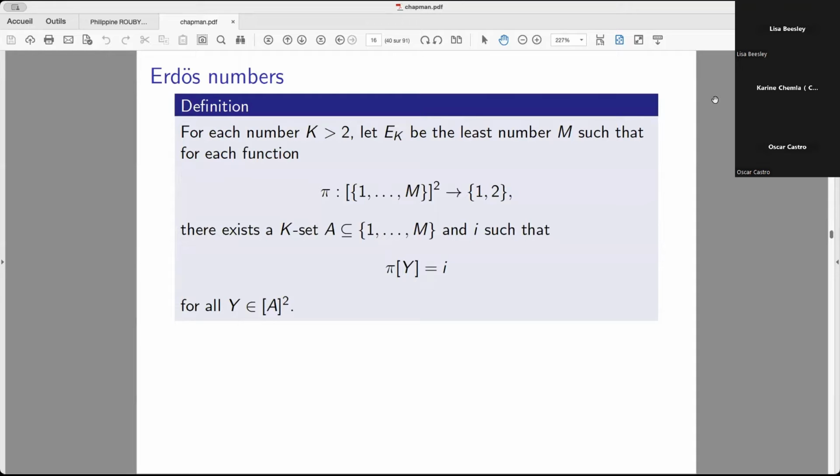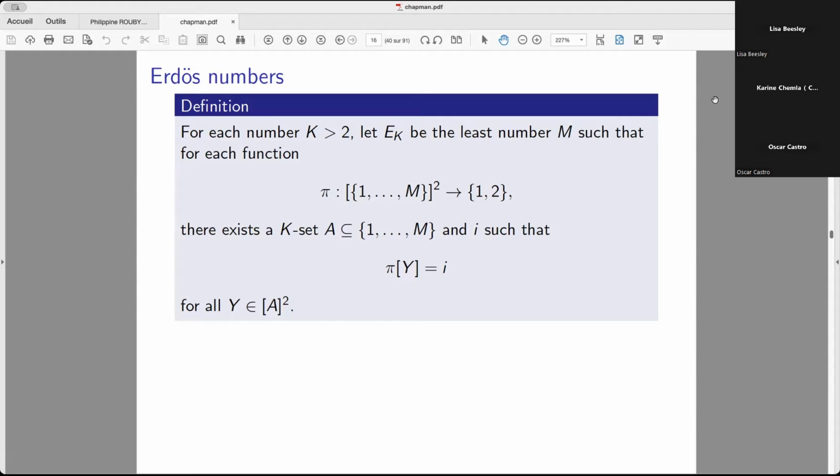So that if you color the 2 sets from 1 up to m with 2 colors, you get a k set, or a clique, all of whose two subsets are colored the same. It's kind of like how many people you have to invite to the party so that you have a k group of mutual acquaintances or mutual strangers. The coloring is stranger or not.